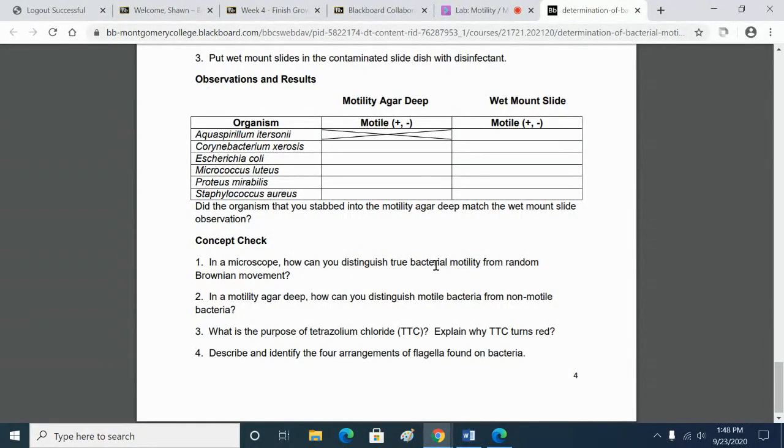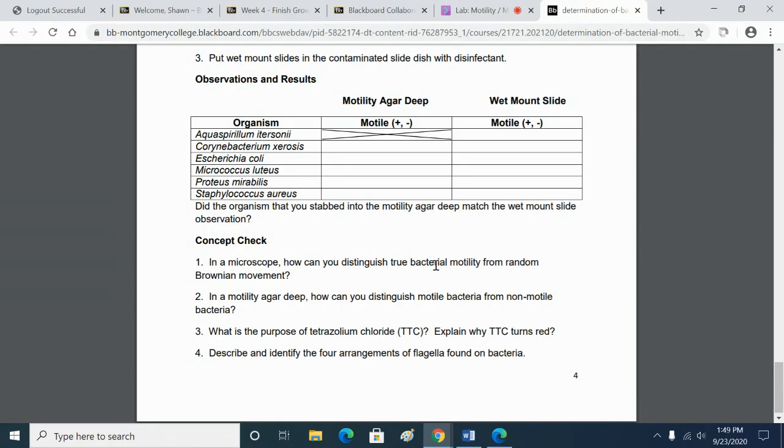To show us where the bacteria are, right? It just helps us to see where the bacteria are. And why does the TTC turn red? Remember, why does the TTC turn red? When it becomes reduced. Right, so the TTC picks up electrons from the bacteria, becoming reduced, and then it turns red.